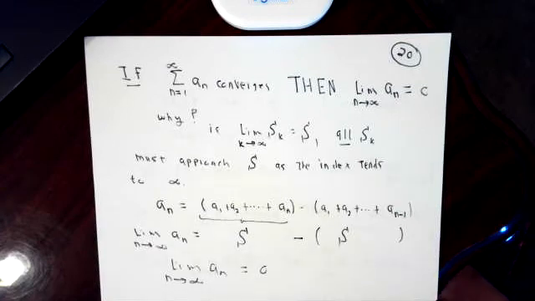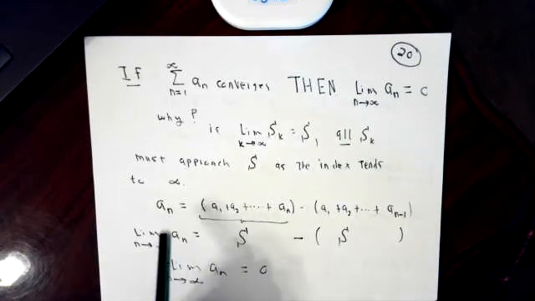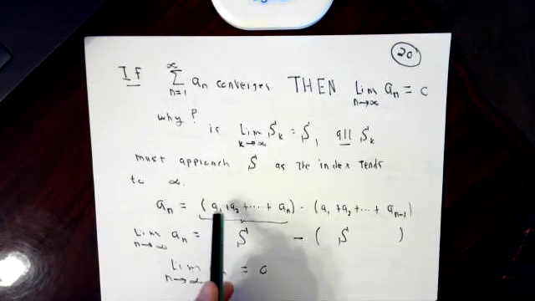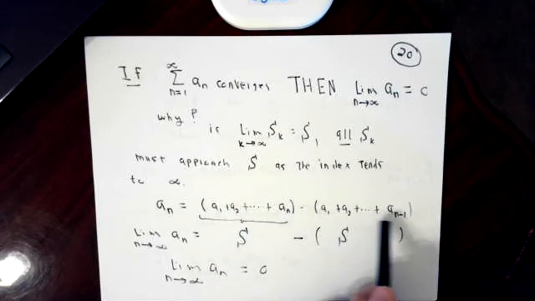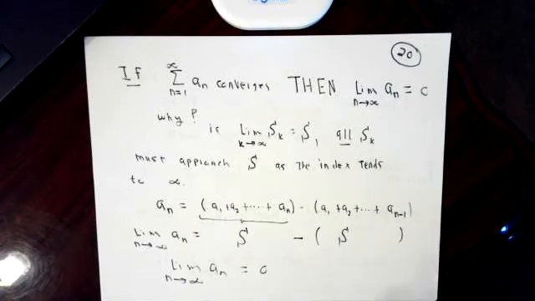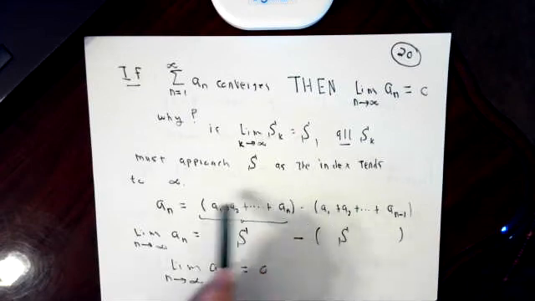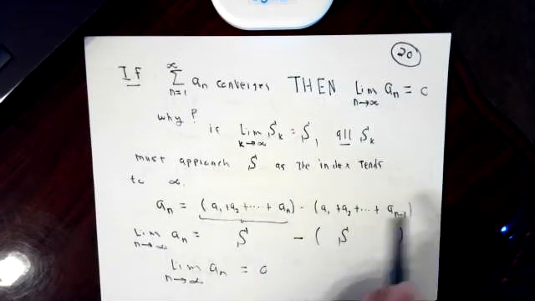The limit of any partial sums whose indexes are tending to infinity would be S. But see, a sub n is a1 plus a2 out to a sub n minus a1 plus a2 out to a sub n minus 1. This is a partial sum. This is another partial sum.